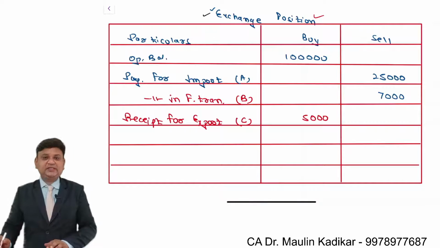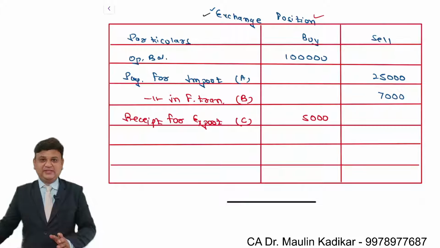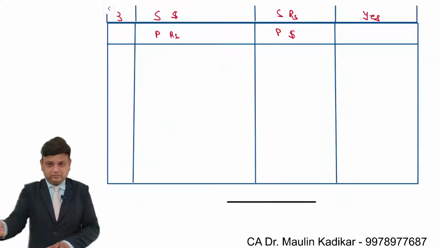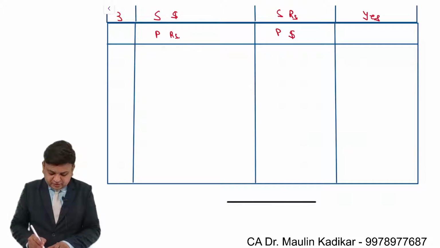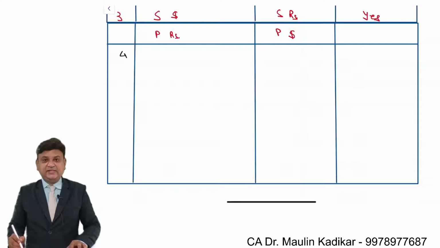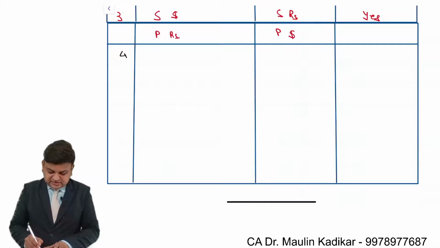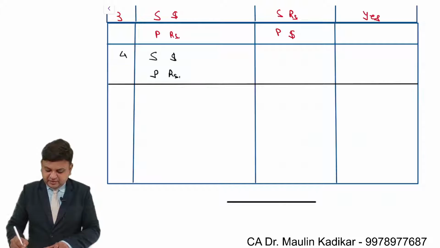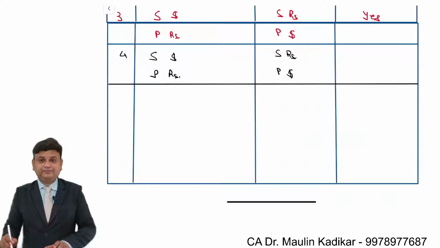So first of all let us understand how it will have the impact in terms of the transaction. For the fourth information, the transaction from the customer point of view is sell of dollar and purchase of rupees. Transaction from the bank point of view, it is sell of rupees and purchase of dollar.